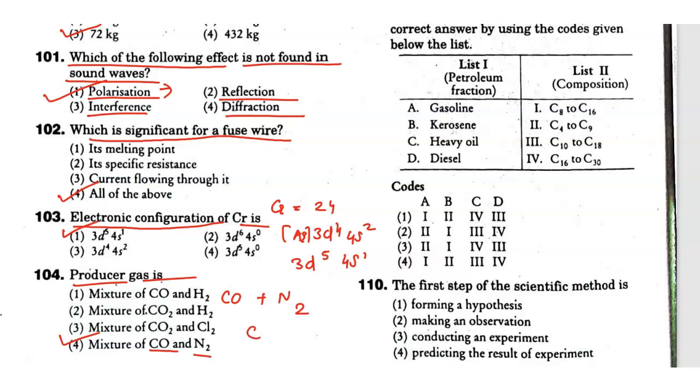Basically here carbon, O2 and N2 get mixed and we get CO2 and CO and N2 gas. These are the producer gas. So option 4 is correct.